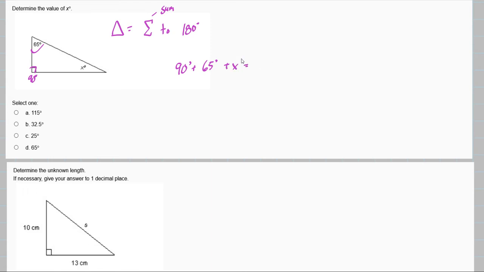Plus our unknown, that's a degrees sign, not a squared, should sum to 180. So if we're looking for x, we're going to take 180 minus 90 minus 65, and 180 minus 90 is 90. 90 minus 65 is 25.